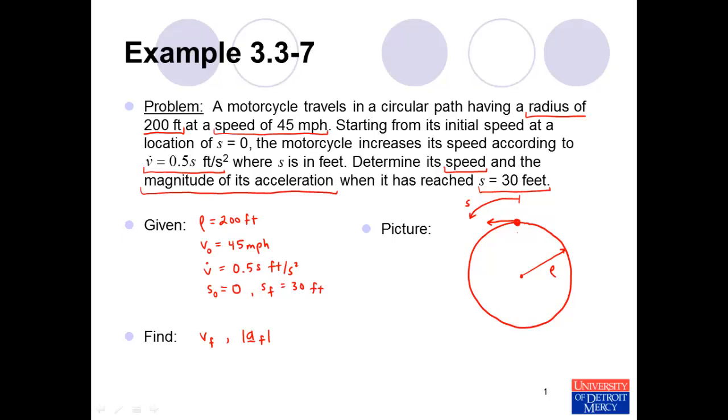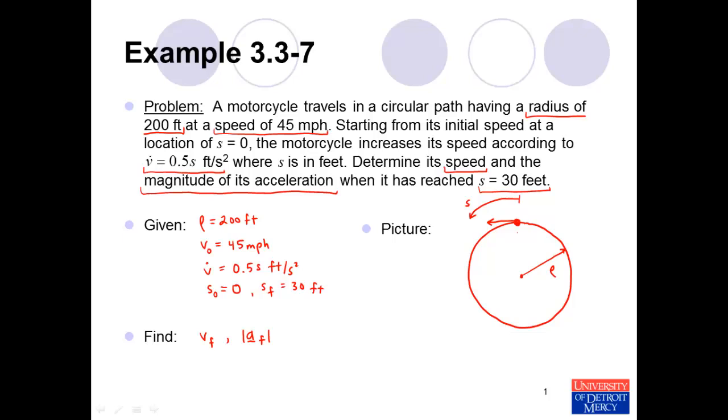So we're told what its speed is, so its velocity and the direction of the path. We're told how the speed changes, so how it accelerates along the path, and we're told the positions in terms of travel along the path.